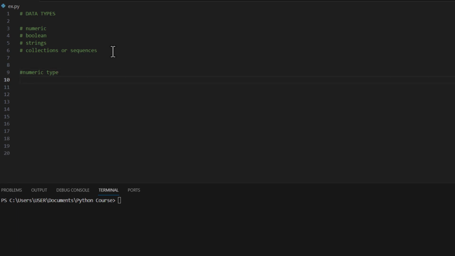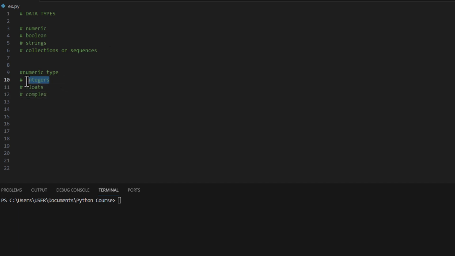So looking at the name numeric type, this is more or less like numbers. So basically we have three types of data that fall into this category. We'll have the integers, we'll have the floats, and we'll have the complex numbers.